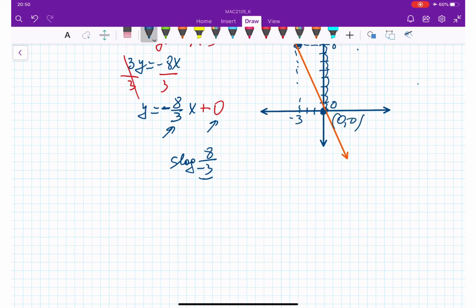Okay. Question number 19. All right. So find the equation of the line that passes through point (1, 6) and perpendicular to 3x plus 5y equal 1.